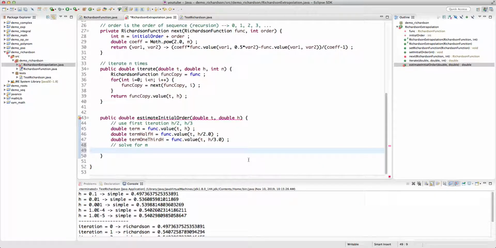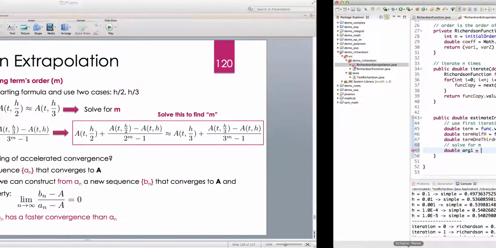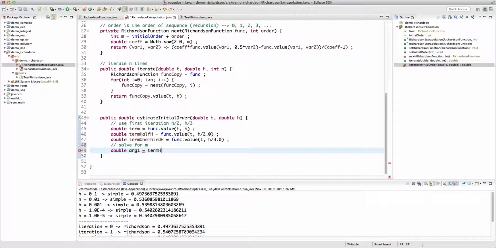And in order to do that, I'm going to have double arg1, which is, let's go back here, half h minus third, so double term half h minus term 1/3.